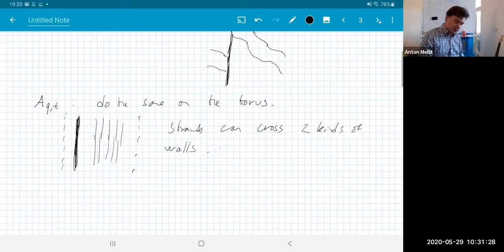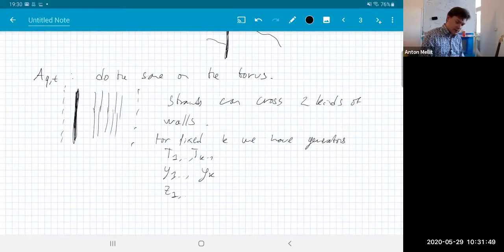For fixed k, we have generators T1 to Tk minus 1, Y1 to Yk, and Z1 to Zk. And there are D plus, D minus, which change k.